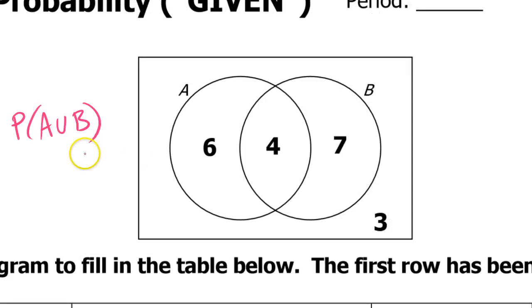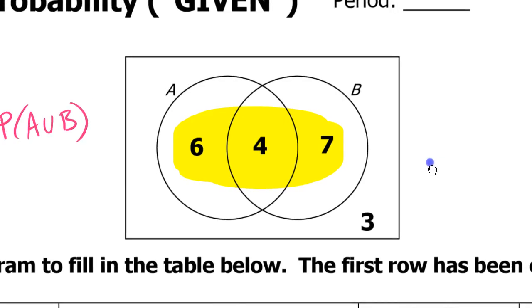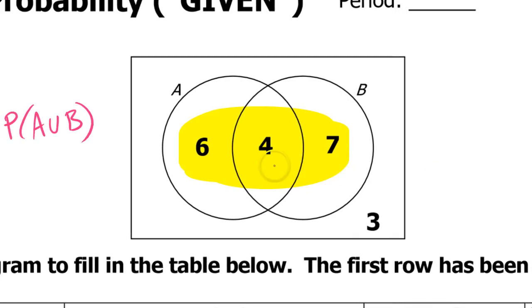So the probability of being in A or B, we already decided that these are the numbers in A or B. So when we do probability, we're doing target over total. So that's the target I just highlighted. That's going to be 17. So that's 17 out of a total of 20. So that's one way of writing it. So let me switch over.